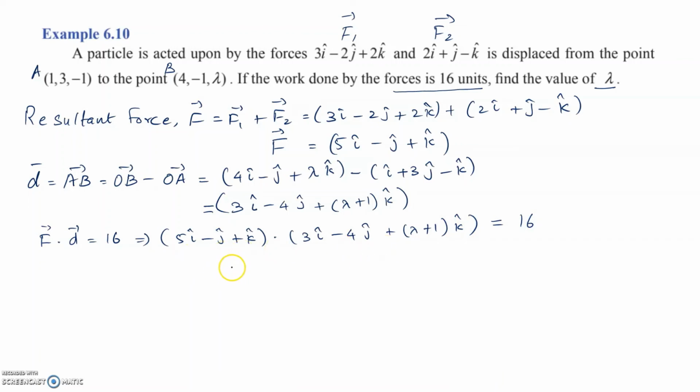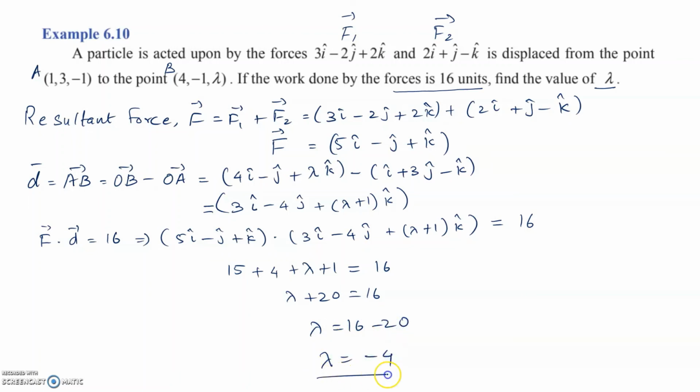So further simplifying this, 5 3s are 15, minus 1 into minus 4 is plus 4, plus 1 into lambda plus 1 is equal to 16. So we can say lambda plus 20 is equal to 16. So lambda is equal to 16 minus 20. So lambda is equal to minus 4. So that's our answer.